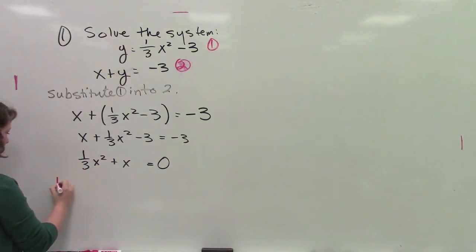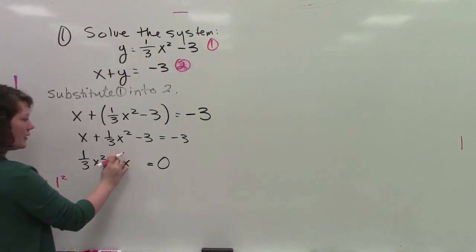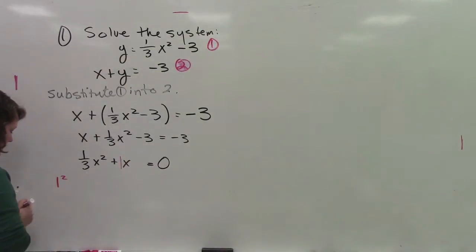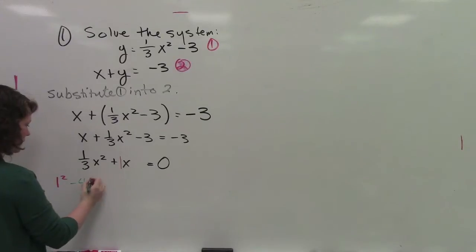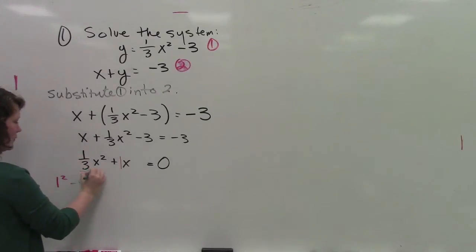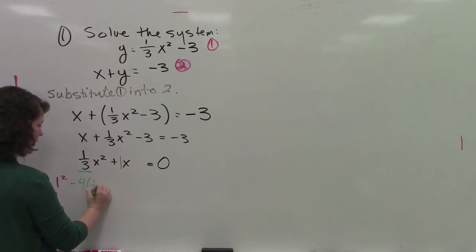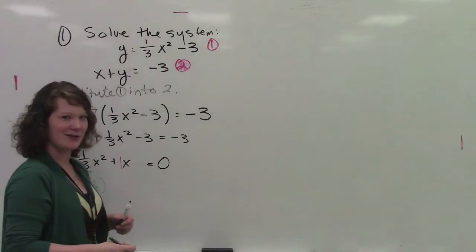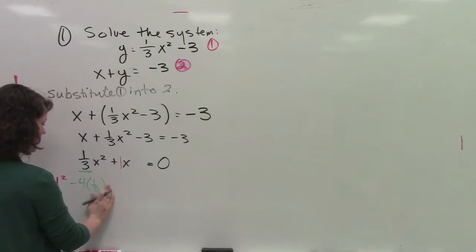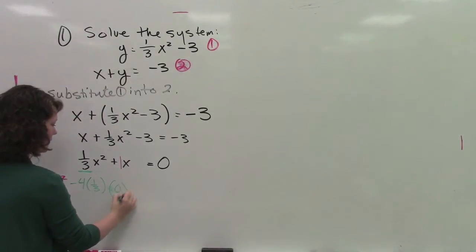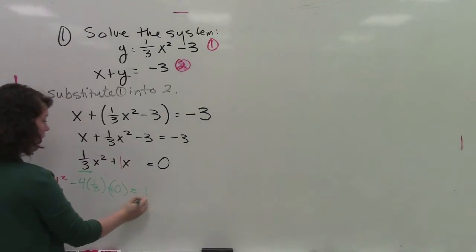So 1 squared, because there's a 1 here, this is our b term, minus 4 times a, which is 1/3, times c. What's our c? It's just 0. Times 0. Equals, well, it's just 1.